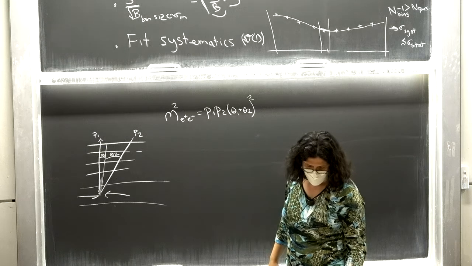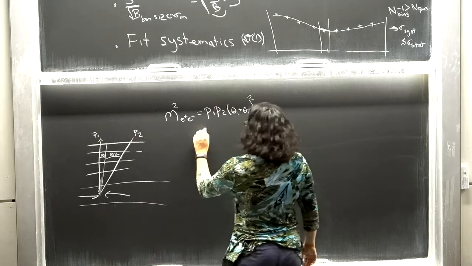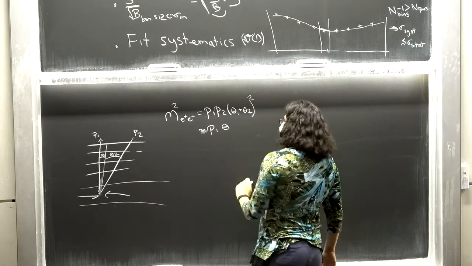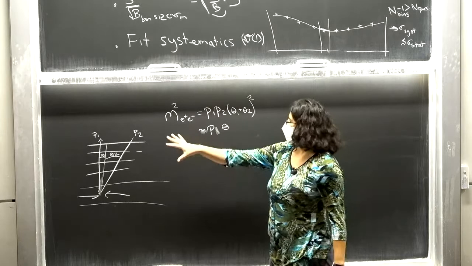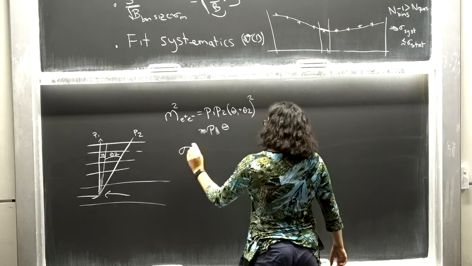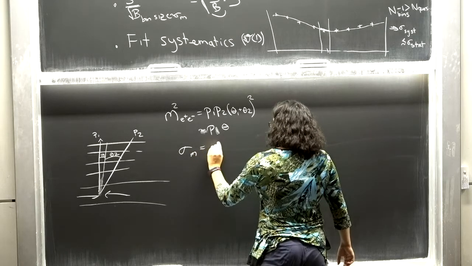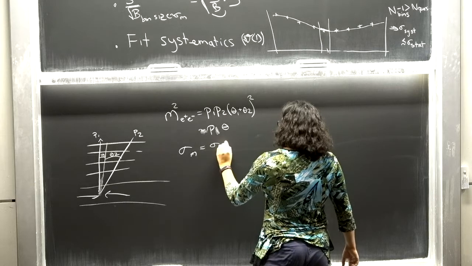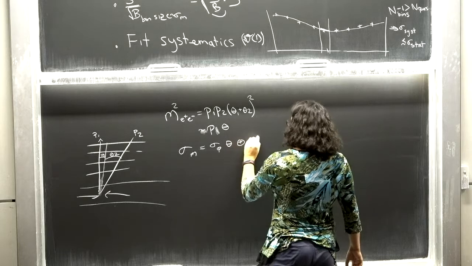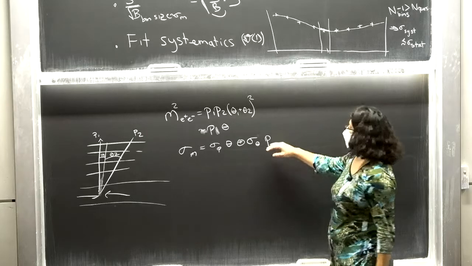So if I assume comparable masses and angles, I'm just going to say it's of order P theta for the individual particles. That means that the uncertainty in the mass resolution is going to look like the momentum resolution times that opening angle theta added in quadrature with the angular resolution times those characteristic momenta.